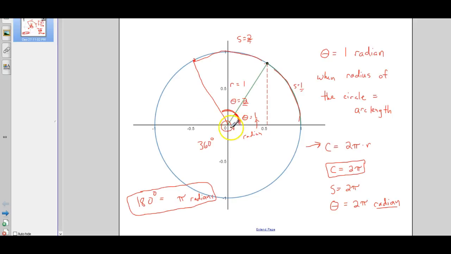So instead of going all the way around, we stop right here, and we just say 180 degrees. And instead of saying 2 pi all the way around the circumference, we stop like a semicircumference. Halfway around the circle is pi radians. So there's our conversion. 180 degrees is the same thing as pi radians.